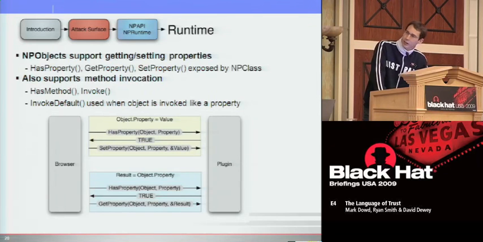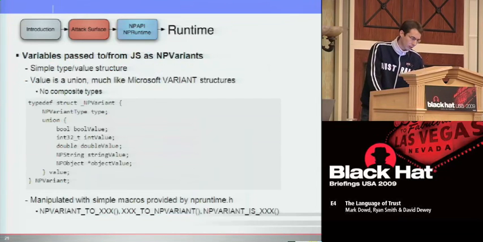So the diagram here basically shows the process that occurs when some JavaScript code tries to access a property on the plugin. One thing we should note is that when variables are passed from JavaScript to a plugin, they're passed as NPVariants, and these are basically the analog of the VARIANT structure in the Microsoft world.